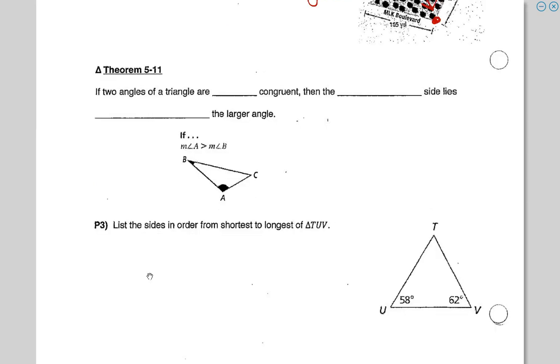All right, theorem 5.11. If two angles of a triangle are not congruent, then the longer side lies opposite the larger angle.